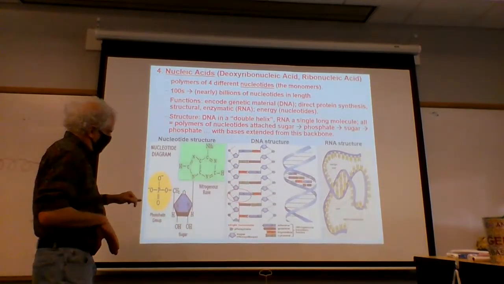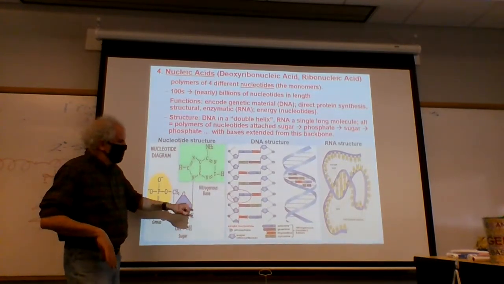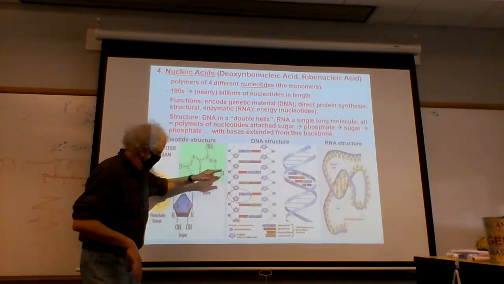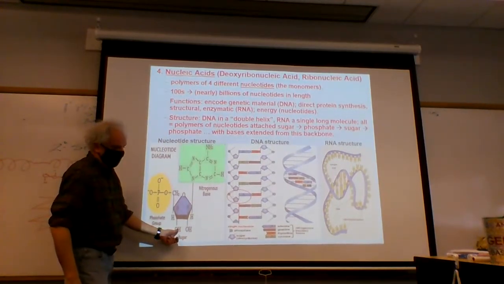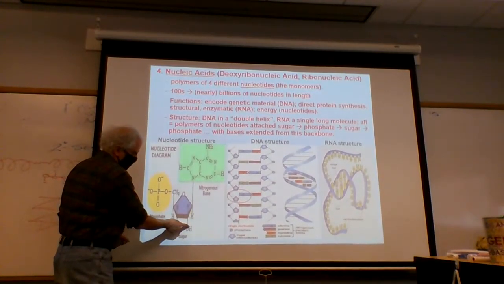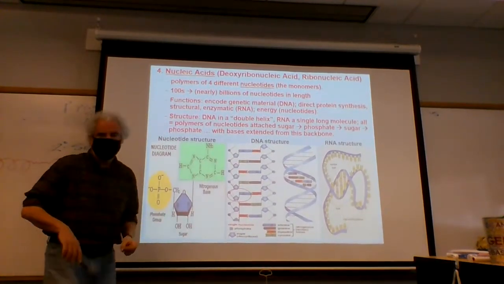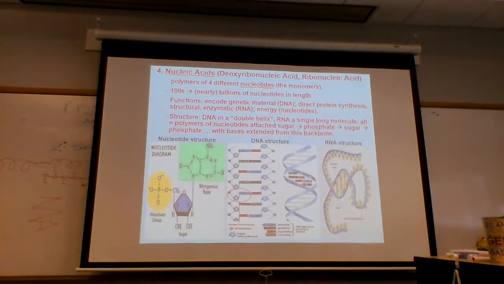We have to have this hydroxyl group to actually link the next nucleotide. So we're going to add a nucleotide, doing a condensation reaction right there. But this hydroxyl group is not necessary for the chemistry of elongating the nucleotides.